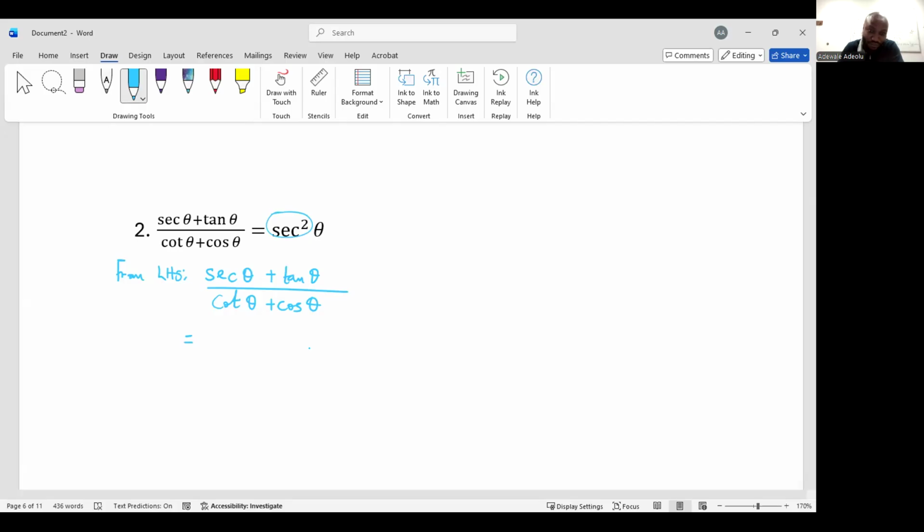Sometimes I still need to simplify it so that I will be able to get out of some situation. Well, let's see. Maybe I can write this as this plus sine of theta over cosine of theta. Why is your teacher using the word maybe?